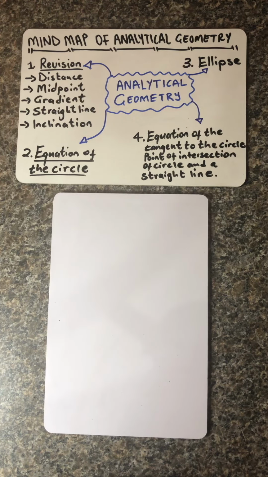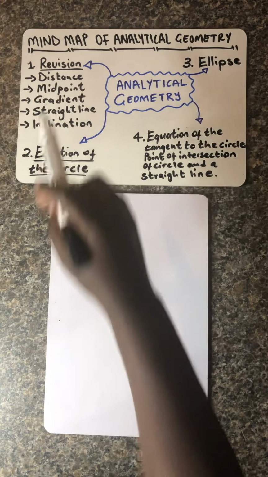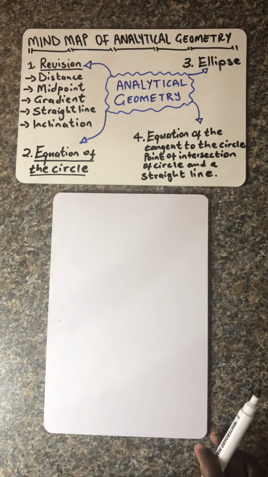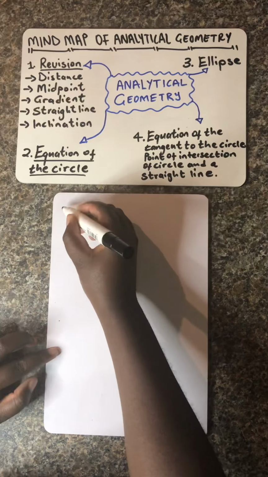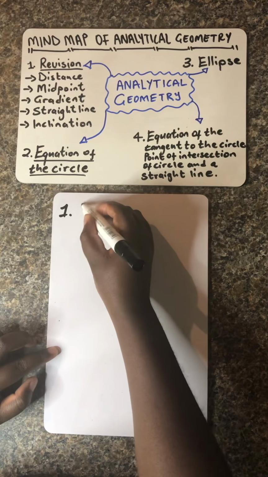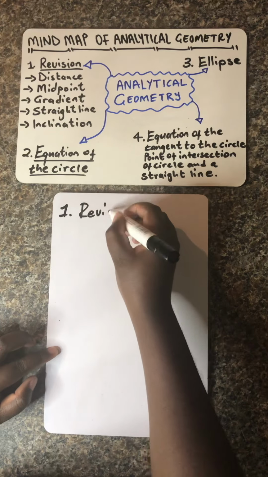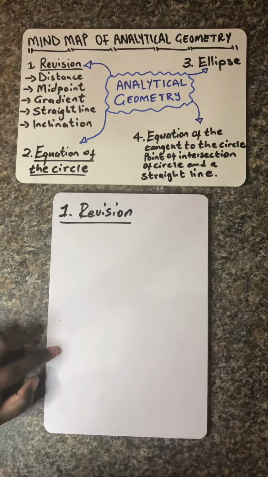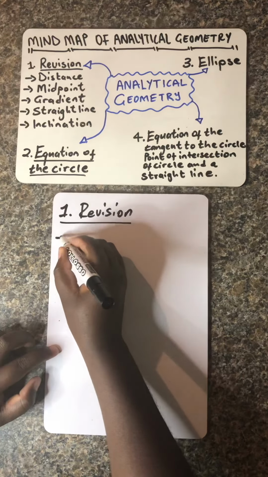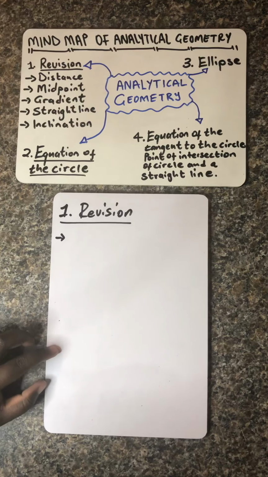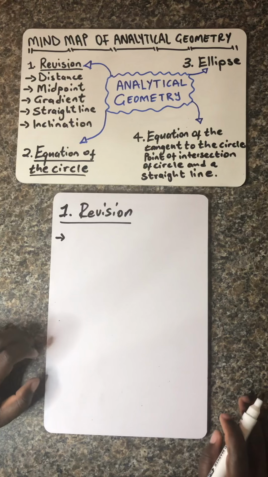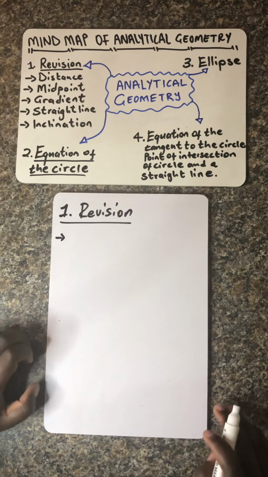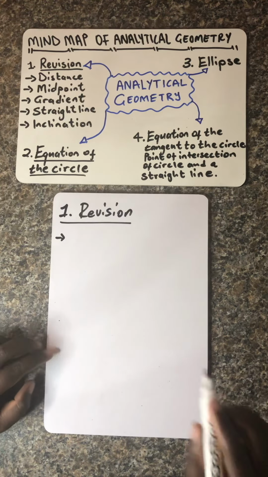Okay, so I might as well just remind you of some of those things which fall under revision. The distance, ladies and gentlemen. I hope everyone remembers the formula for the distance. It's not that complicated a formula. At all times, you should know this type of formula.